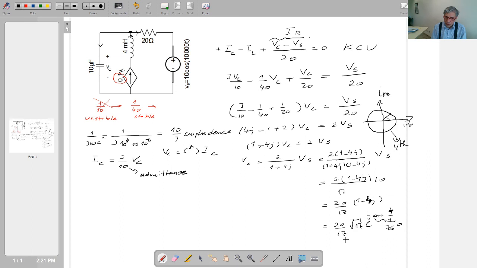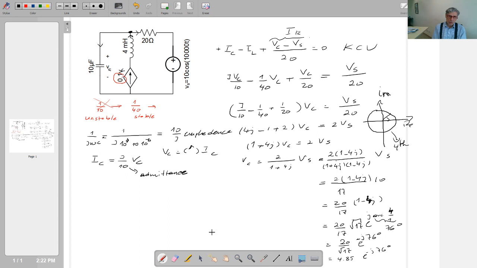So that's going to be 20 over square root of 17, e to the power j minus 76 degrees. So roughly I can say that if you say that this is 16, it's going to be 4, it's going to be then less than 5. So it's going to be in the range of 4.85 e to the power minus j 76 degrees.